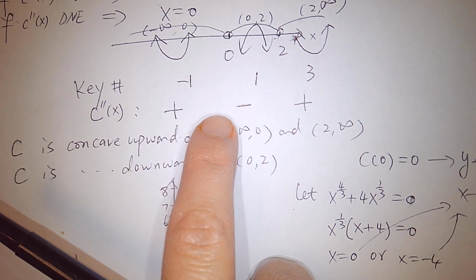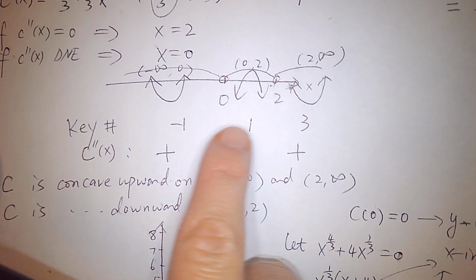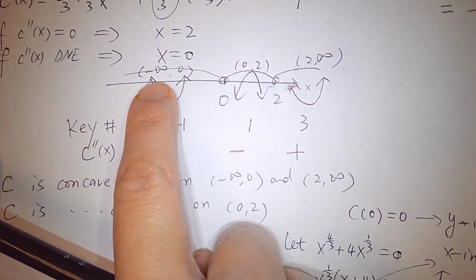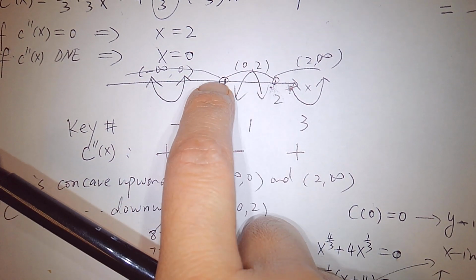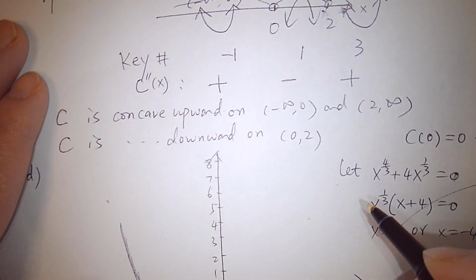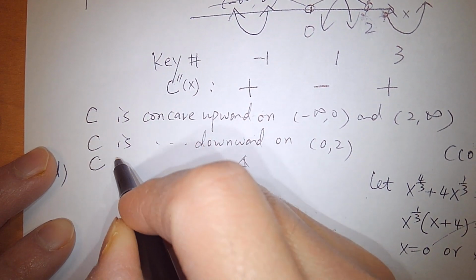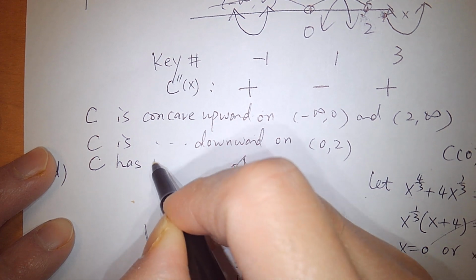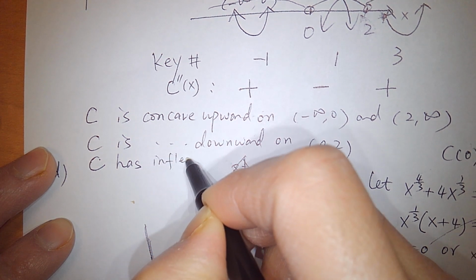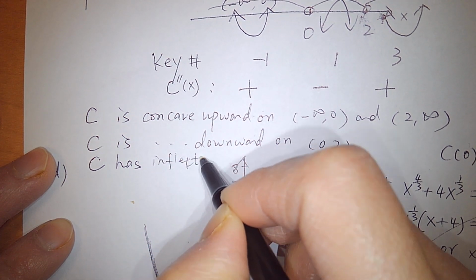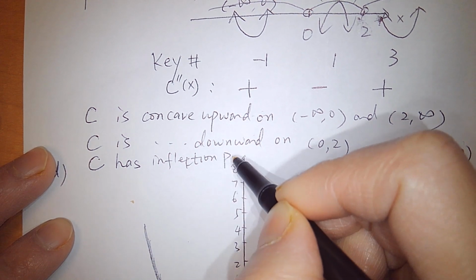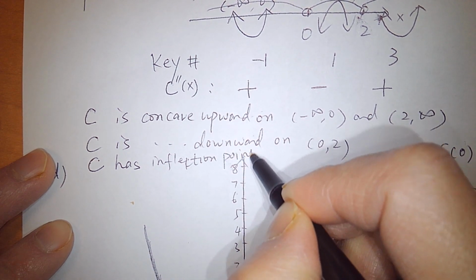Now I'm asking you, do we have any inflection point on our graph? Concavity changes at x equals 0. So we'll have inflection points.